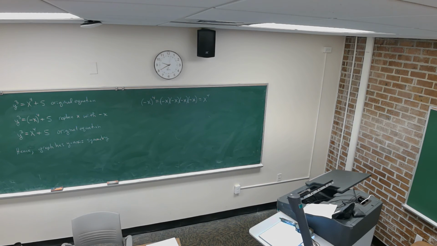Similarly, this is the point (9, -3). 9 is the x-coordinate, -3 is the y-coordinate. And if I change the y-coordinate from -3 to +3, then the point (9, 3) is on the graph. So if you change the sign of the y-coordinate for any point on the graph, then that corresponding point has to be on the graph.